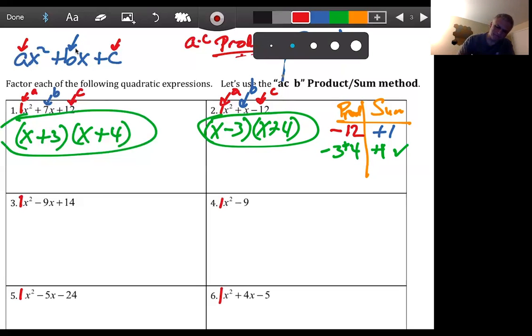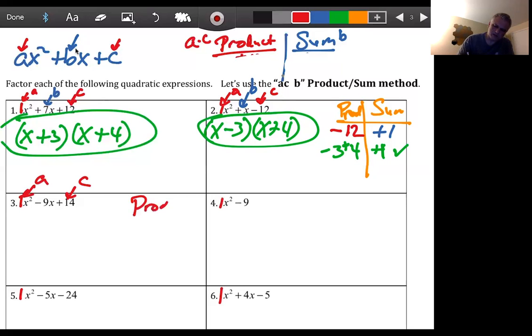Number 3. A times C. So my product is positive 14. My sum is negative 9.